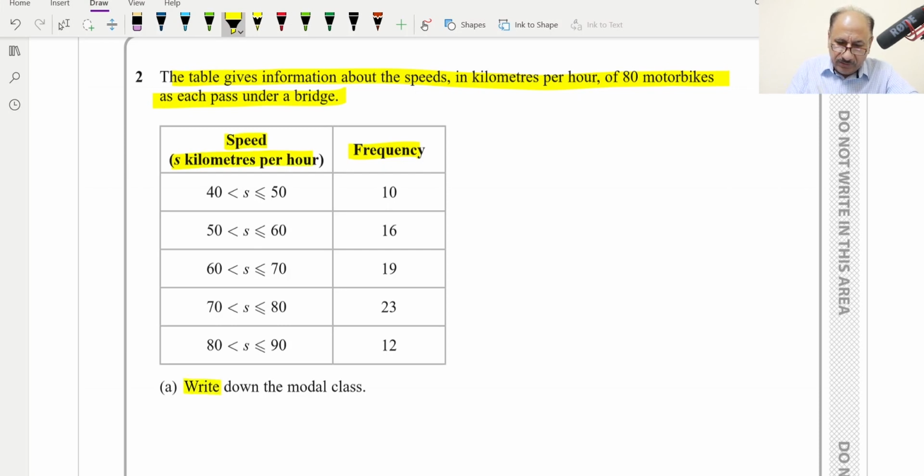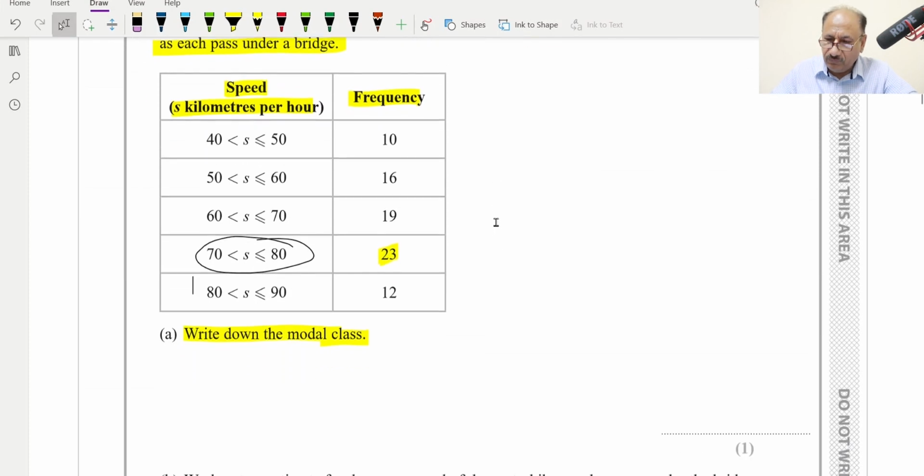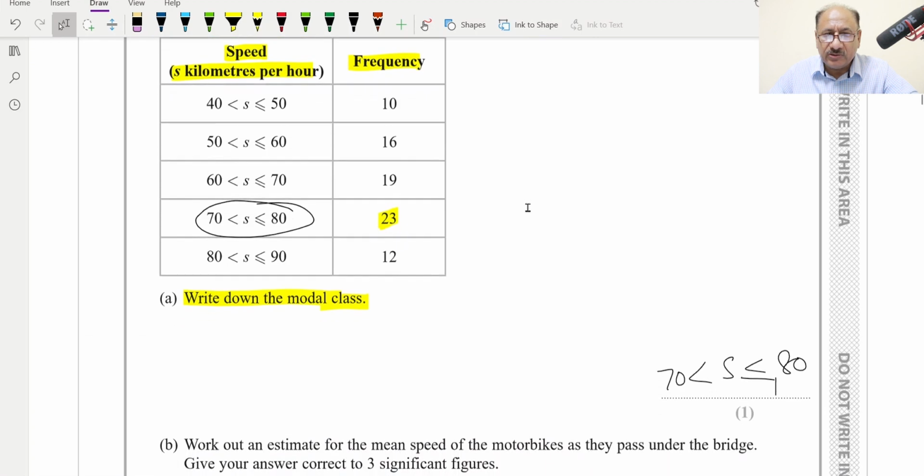Part A says write down the modal class. The modal class is the one having the highest frequency, so the modal class will be 70 to 80. We write 70 less than s less than or equal to 80. This will be the modal class.